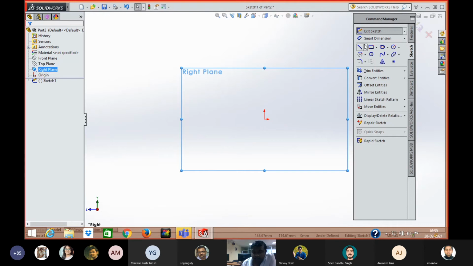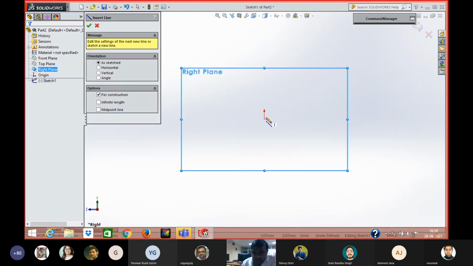So for making the outer parts of this edge, we have to create a sphere-like structure. So you need to revolve a portion so that you can get the proper outer edge of the cell. For doing that, at first we have to take a reference line.